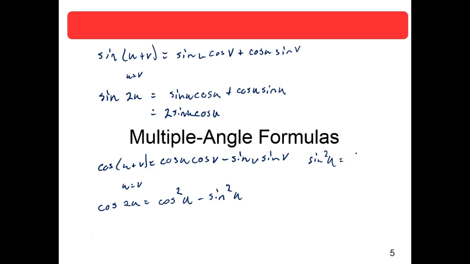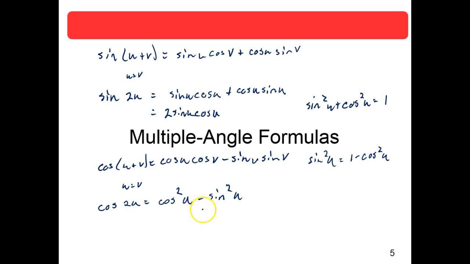If you subtract cosine squared from both sides, what do you get? Let's start with this one. Sine squared u plus cosine squared u is equal to what? 1. Now subtract cosine squared u from both sides, and what do we get? 1 minus cosine squared u.